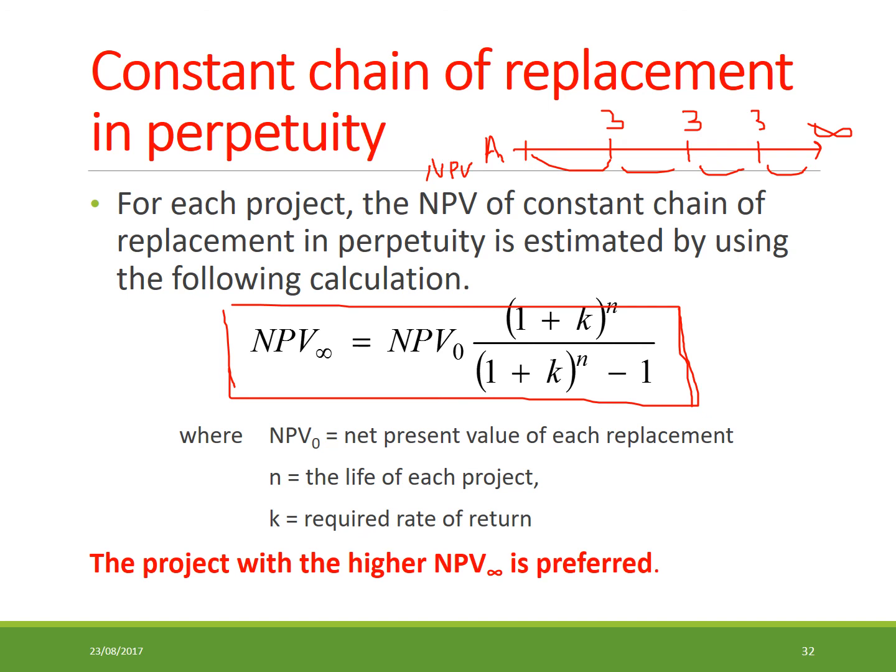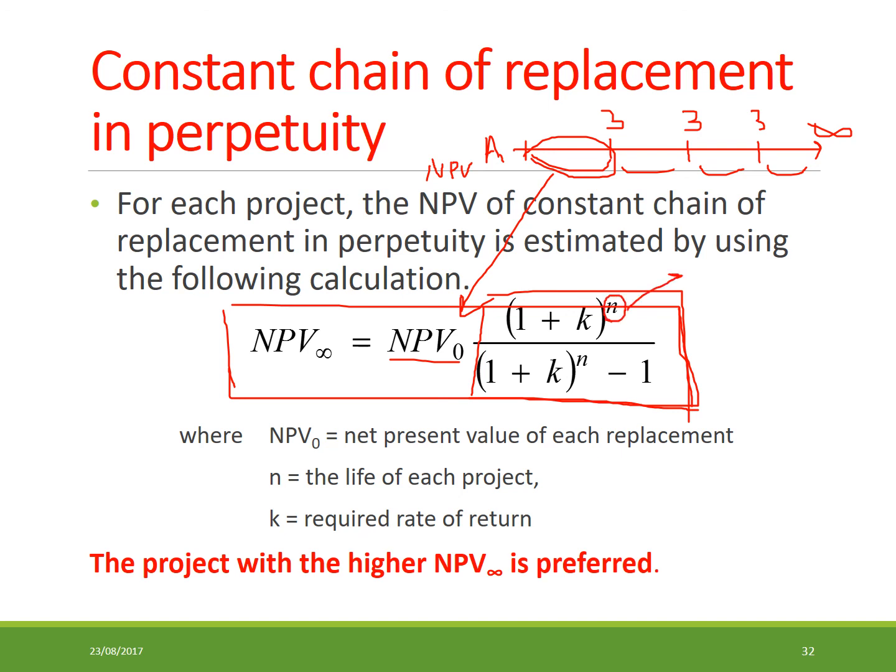Where the NPV of the perpetuity chain of replacement is given by the NPV of one project, so the NPV of this bit over here, times this factor, right? Okay. So once again, N is the number of cash flows.